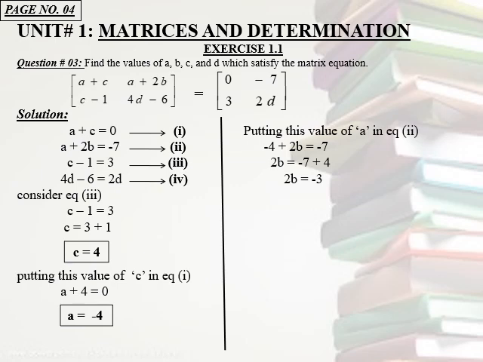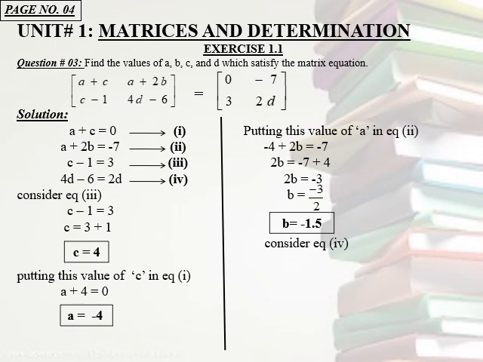So 2b is equal to -3. As 2 is multiplying with b, by bringing it to the other side, it becomes -3 by 2. I will divide -3 by 2 and get the answer of b, that is -1.5.